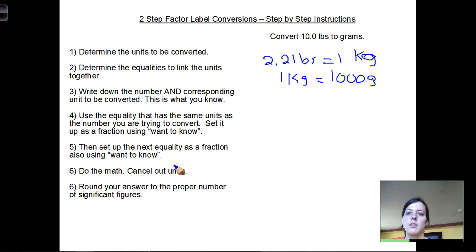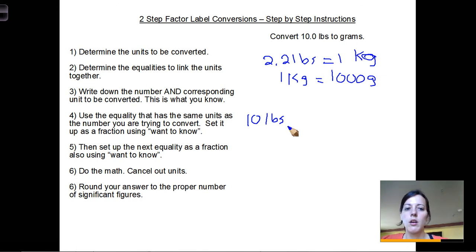Not a big deal. So we're going to write down the number and the unit that we want to convert, which is 10 pounds. And then we need to start with one equality and set that up. You are going to start with the equality that has the units in it that you know. You know pounds. There's only one equality up here that has pounds in it, so we're going to use that one.